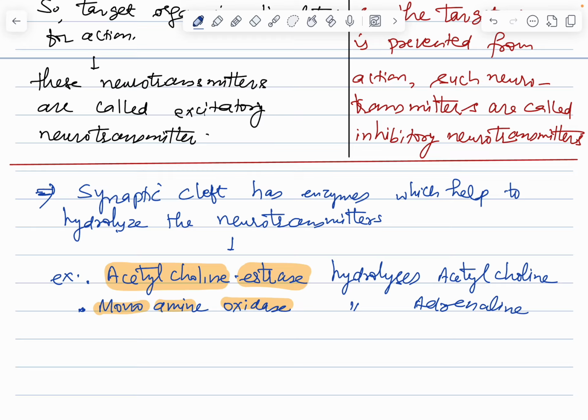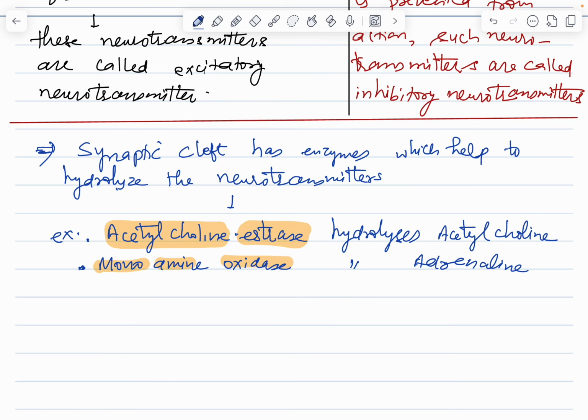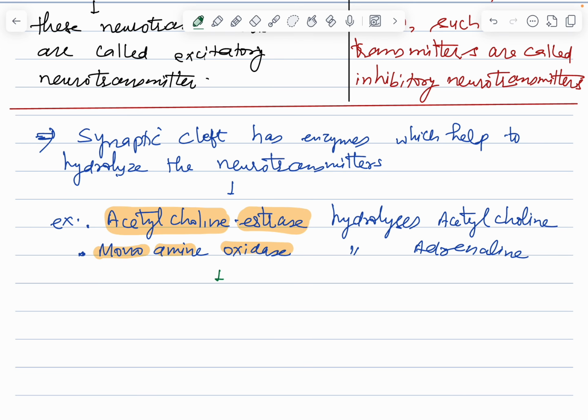Just a few examples. Any neurotransmitter that is released in the synaptic cleft must be digested, and the digestion is done by the enzymes like acetylcholinesterase and monoamine oxidase. Now, let's say we talk about these enzymes.